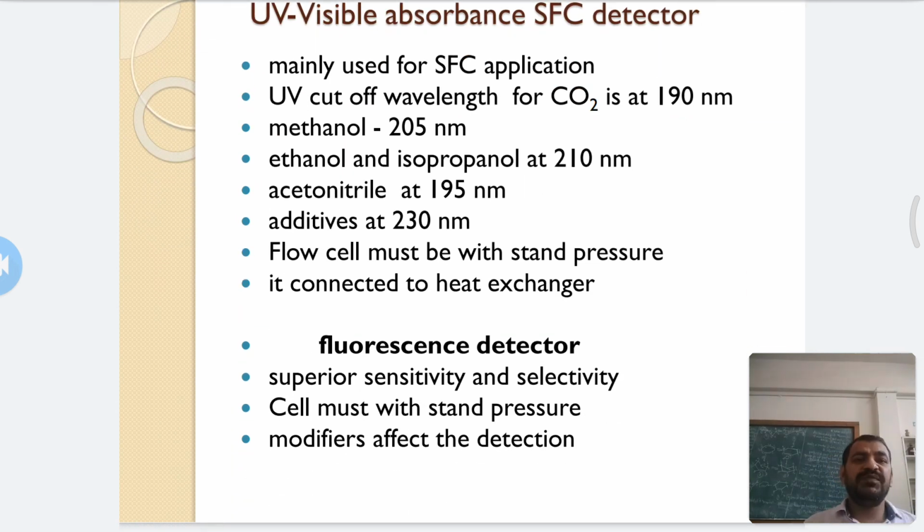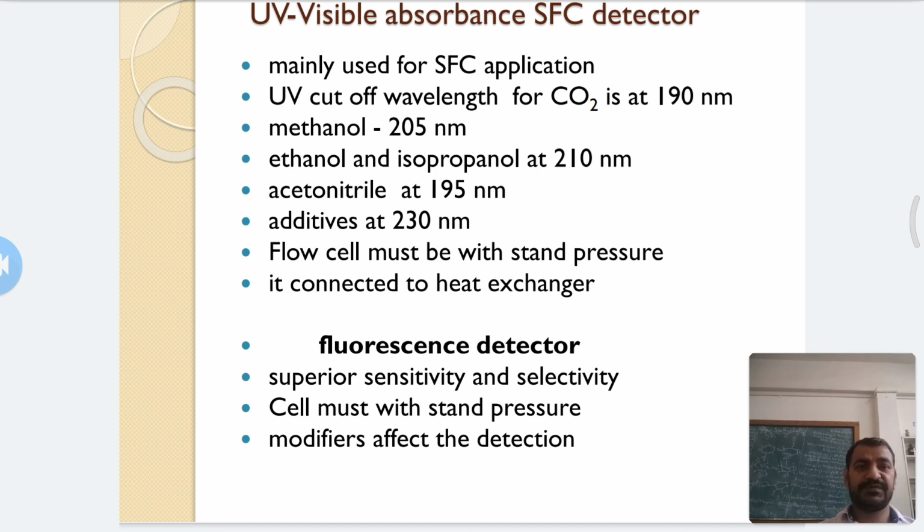So next is the UV visible absorbance detector in supercritical fluid chromatography. UV has a cutoff wavelength for CO2, which absorbs near about 190 nanometers. This particular wavelength is absorbed only by the CO2 molecule.